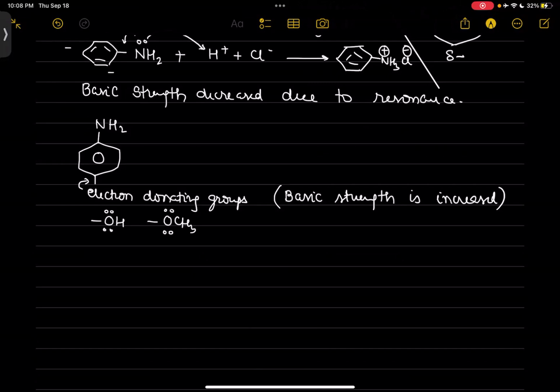These are some of the electron donating groups. CH3. They make the amines more basic.